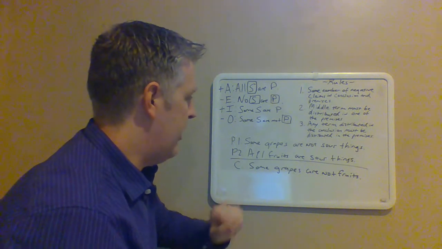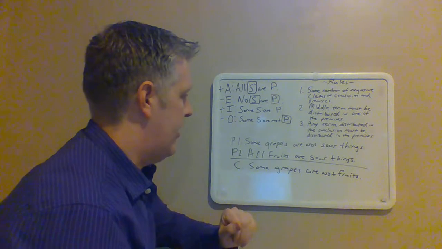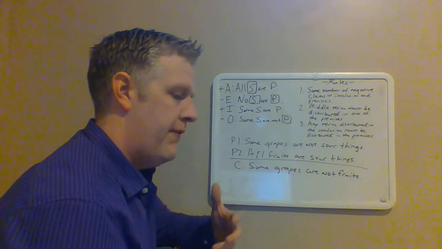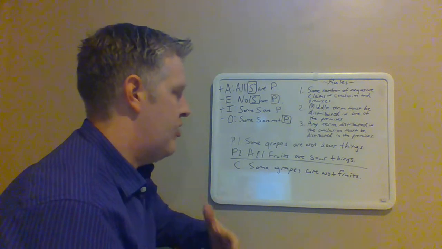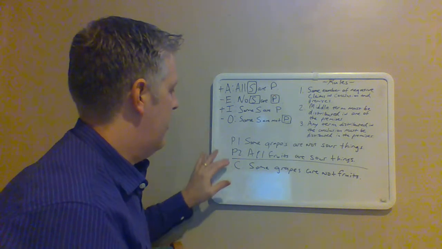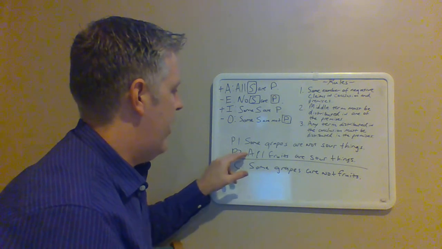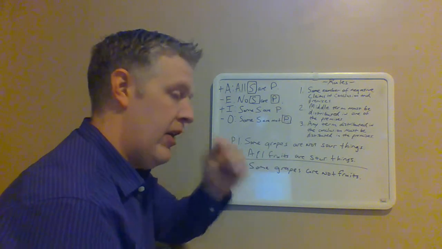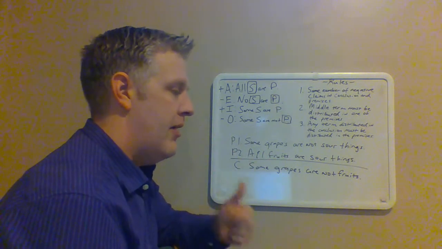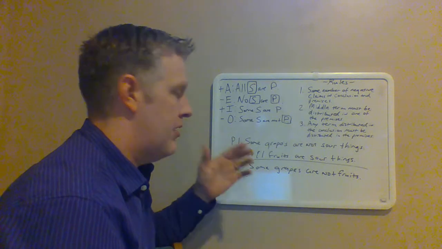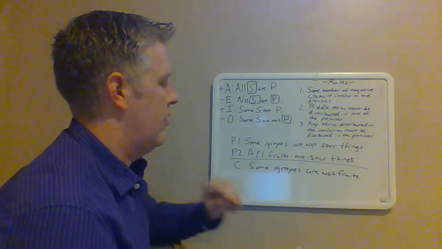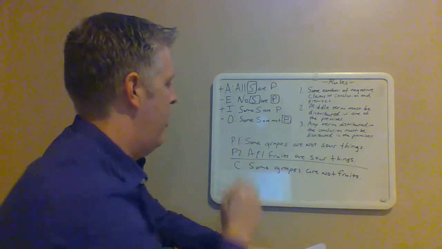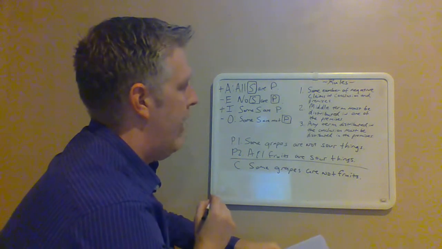So I just wanted to point that out, that a lot of times it can seem weird to us at first when we're first getting into logic to call this sort of argument valid when it has an obviously false premise, okay? But when you're applying the concept of validity to an argument, you're asking yourself, assuming these premises are true, does this conclusion have to be true? That's all you care about. You don't care about whether the premises are in fact true.